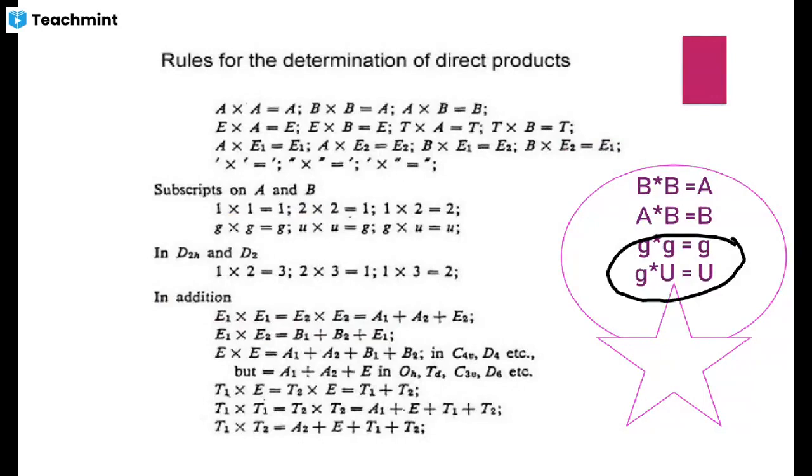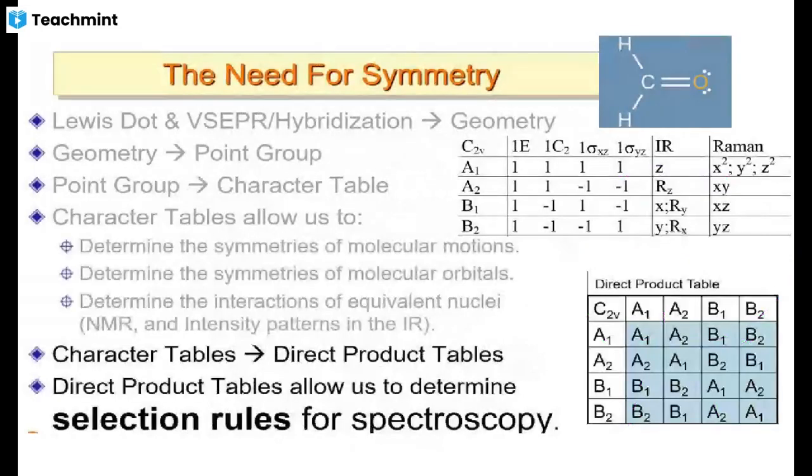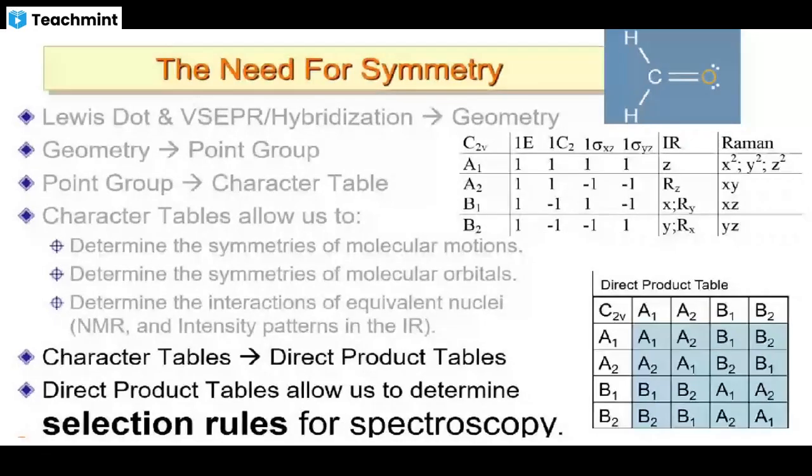So it will be useful, as I told you. This is how to find a selection rule for spectroscopy. You find the molecule, its geometry, the point group, and from the point group the character table.